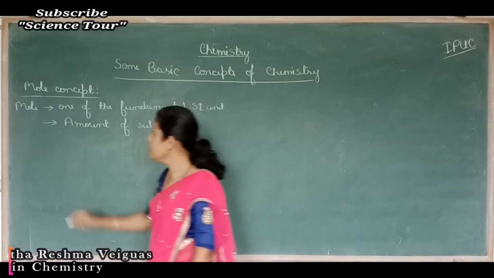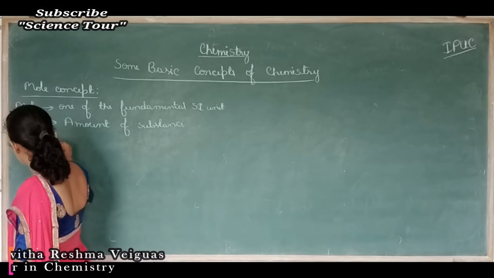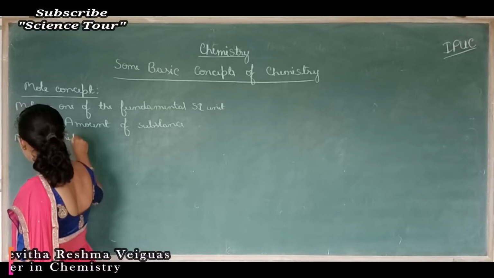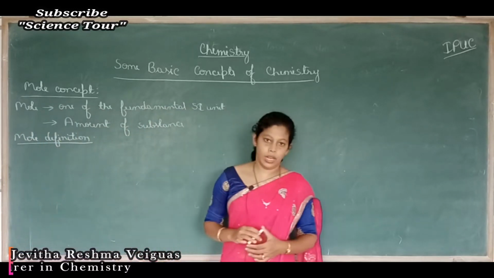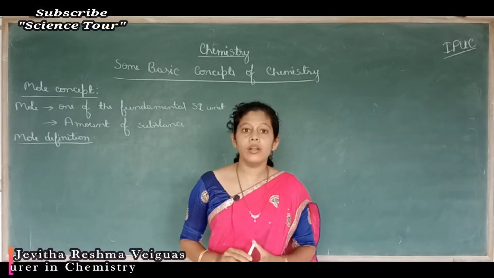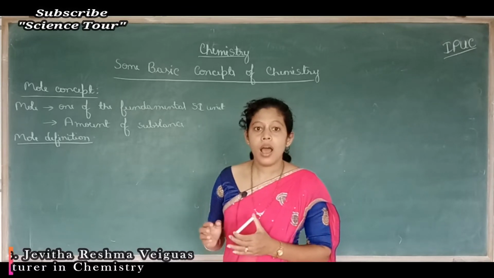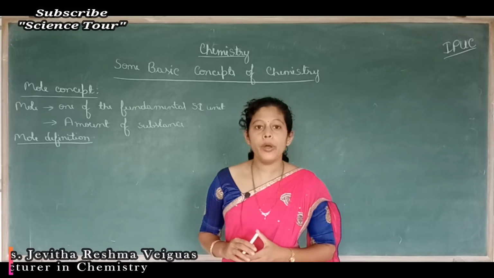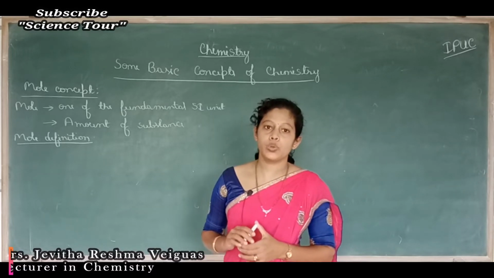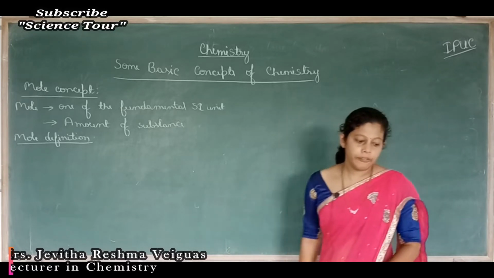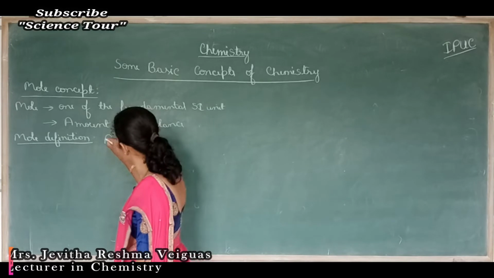What is the definition of a mole? The definition of a mole is: it is the amount of a substance which contains as many molecular or elementary entities as present in 0.012 kilogram of carbon 12 isotope.